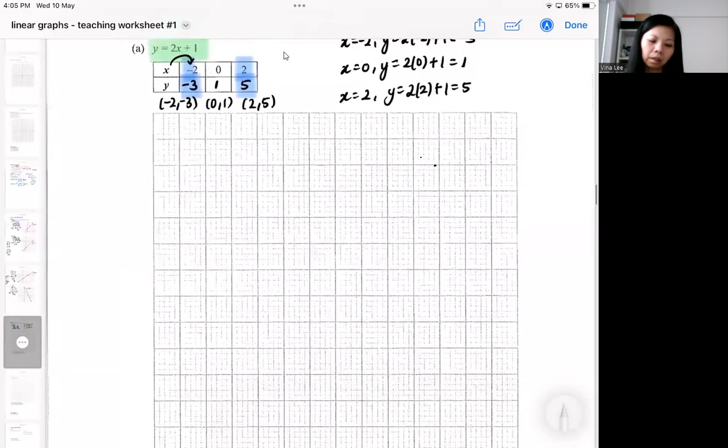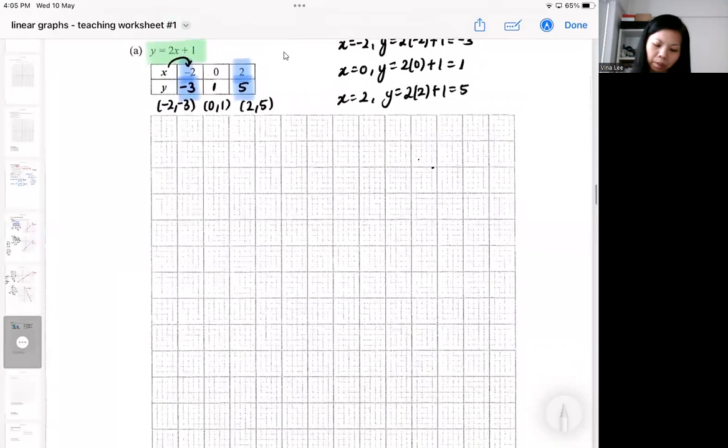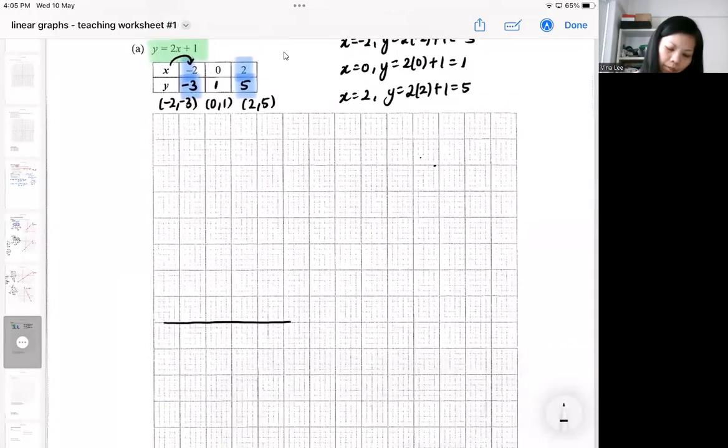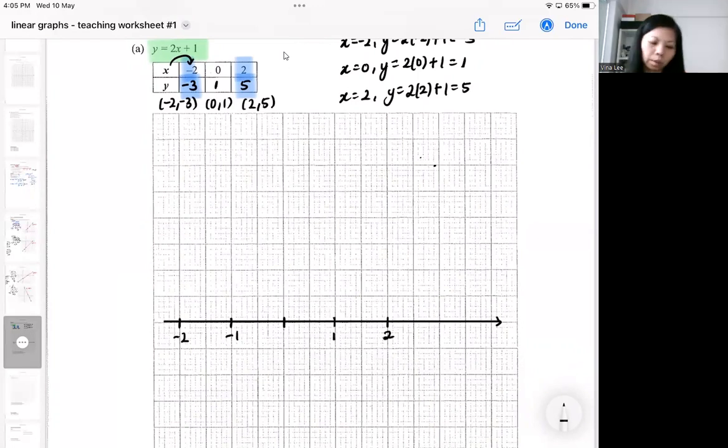The horizontal is easier because the horizontal has fewer numbers. So I can do it like this. For example, here, this is -2, -1, 0, 1, 2. So I actually have more than enough. Okay, draw your y-axis.